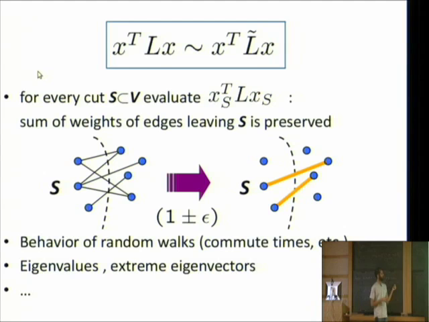And the quadratic form, being the natural notion of energy on a graph, also contains a lot of information about the behavior of random walks on the graph and mixing times and spanning trees and things like that. So what this shows is for every graph you can find a sparse weighted graph which preserves all of these properties.